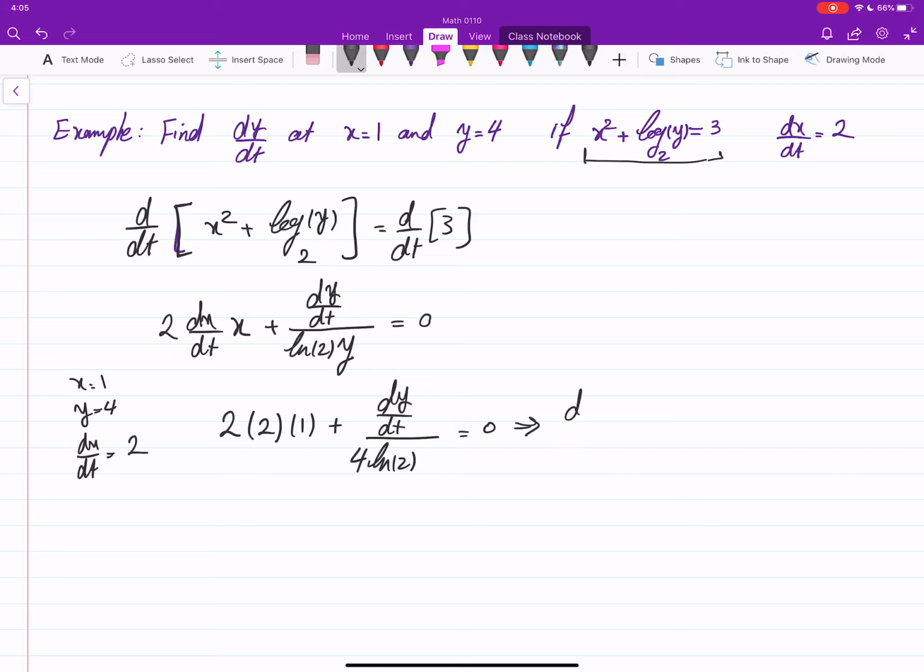So dy/dt over 4 ln 2 is equal to negative 4, and then you multiply to the other side. Negative 4 times 4 ln 2, which is negative 16 ln 2.